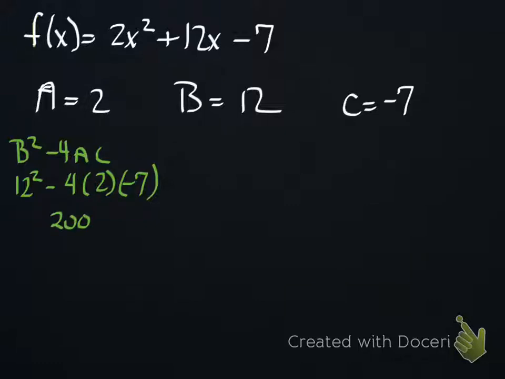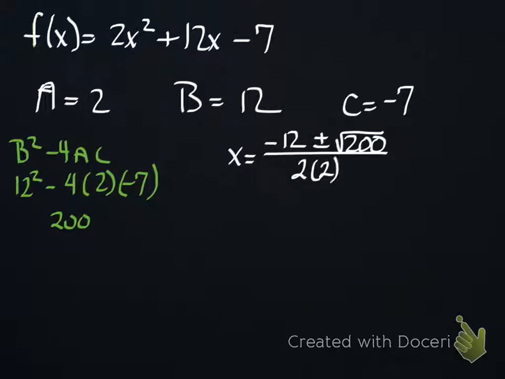That's the number that will go into our square root. And so we're going to do the quadratic formula. x equals negative b plus or minus the square root of 200 divided by 2 times my a.